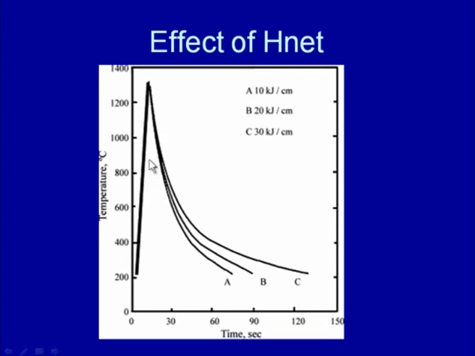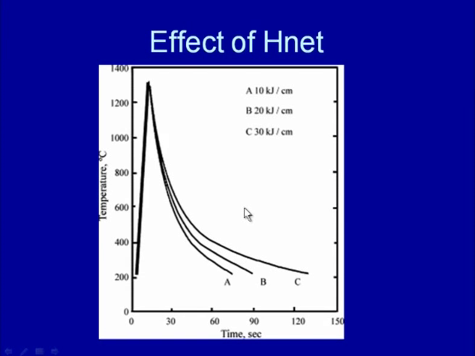This shows that the heating rate is almost the same in the weld region, and the peak temperature is almost the same because everything is brought to the molten state, and thereafter the cooling rate is found to be a function of the heat input. The variation in the slope of the cooling curves in the weld thermal cycles developed for the different heat inputs is mainly attributed to the difference in the cooling rate.